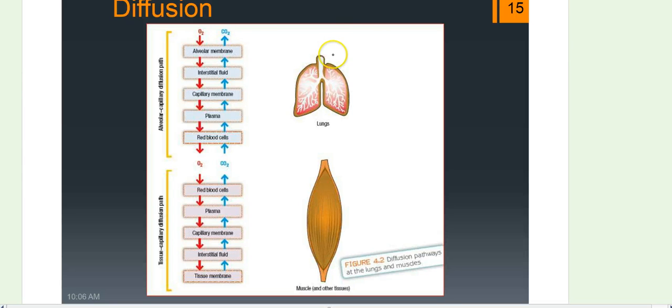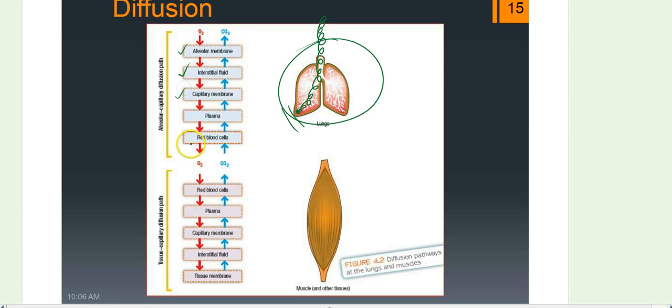If we start off at the lungs, we breathe the oxygen in, so it's coming down to the very end of our lung. It will cross the alveoli membrane into fluid, and the interstitial fluid is the fluid in between the alveoli and the capillary.